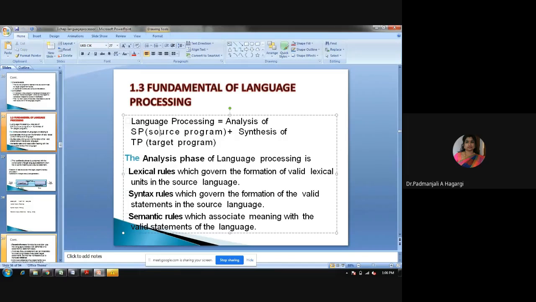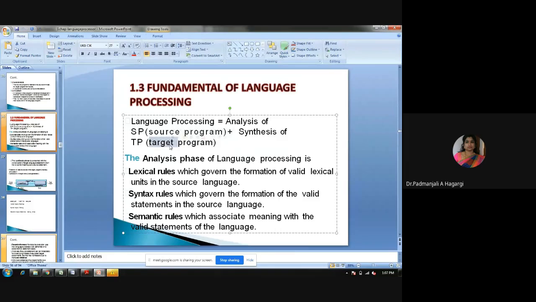Source program plus target program. The source program is, for example, your own language Marathi, and whatever translations are done by the computer machine for that Marathi is called the target program. But the job does not end there. The target program is again an internal process of a machine.